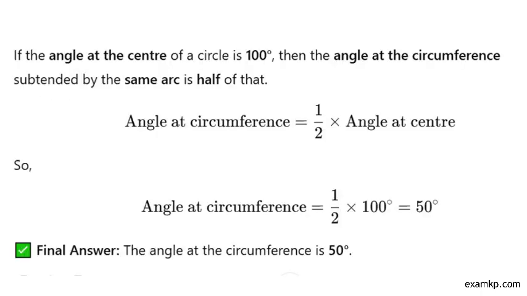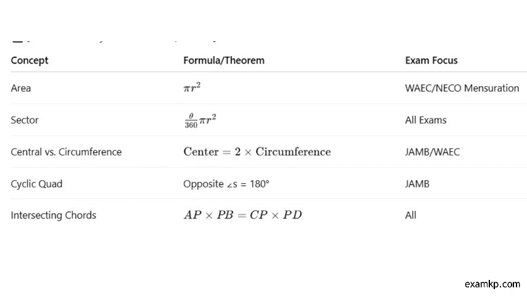Now in 2023, if a central angle is 100 degrees, find the angle at the circumference. The angle at the circumference is the central angle divided by 2. So our angle at the circumference is 100 degrees divided by 2, which gives us 50 degrees. Now let's summarize. The area equals pi r squared.